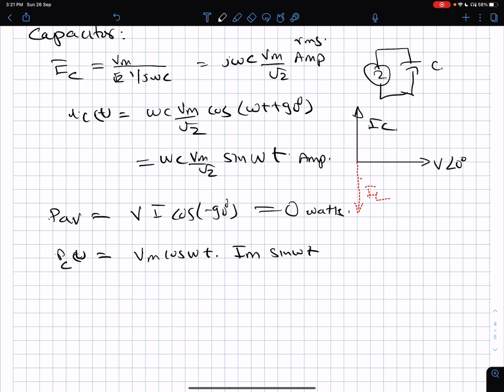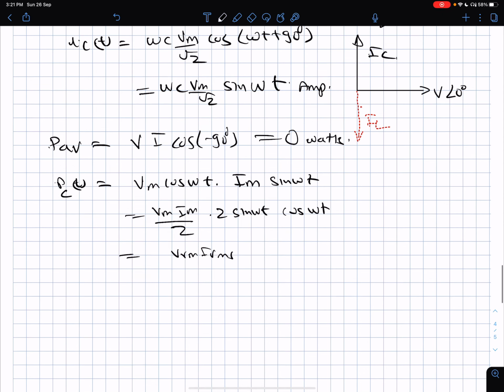This I'll write as Pc. So it is Vm Im by 2 into 2 sine omega t cos omega t, which is Vrms Irms sine of 2 omega t watts.